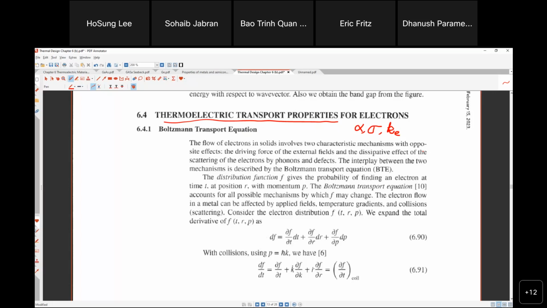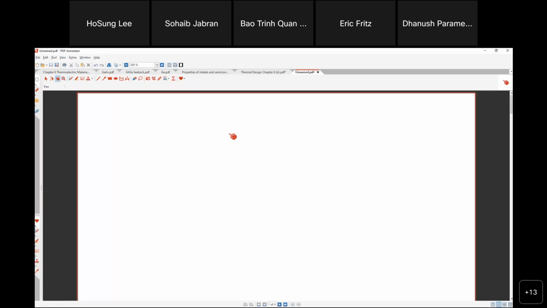This is somewhat important. I'd like to discuss the fundamentals a little bit. Electrons are moving, and there are atoms all around.